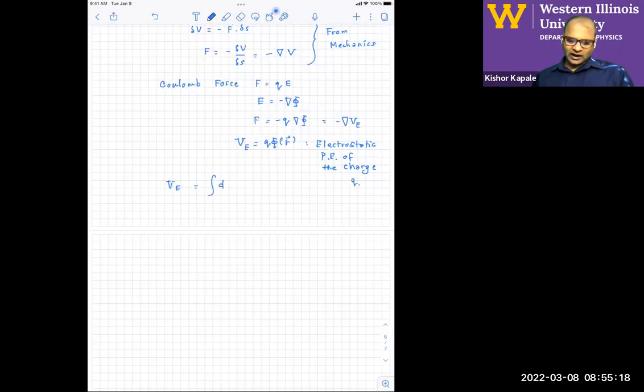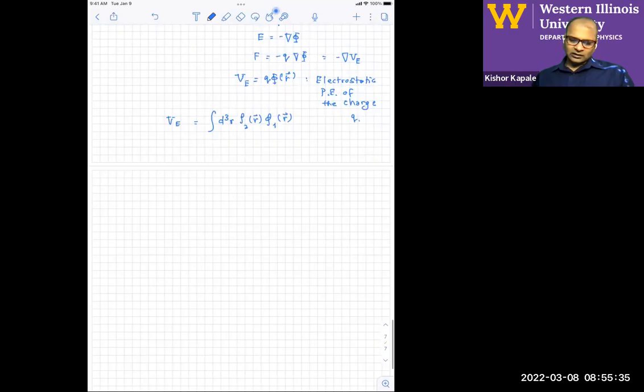You may not really have a single charge. You may have two charge distributions. One we call ρ2 of r, and the phi 1 is coming from some other charge distribution, ρ1 of r, right?